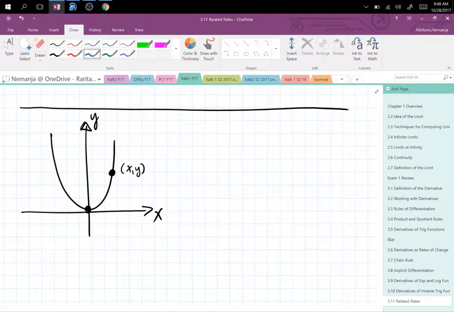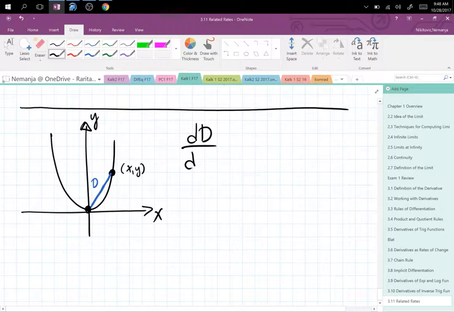And the distance D that is changing in time is 1 centimeter per minute.